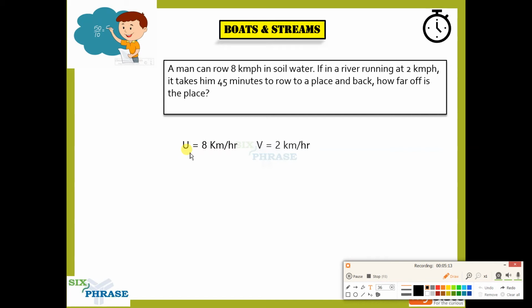So for him to go to a place and then come back, it is 45 minutes. Okay. So what does it mean? Time downstream plus time upstream is equal to 45 minutes. So you just write it in terms of hours. It will be 3 by 4th of an hour.